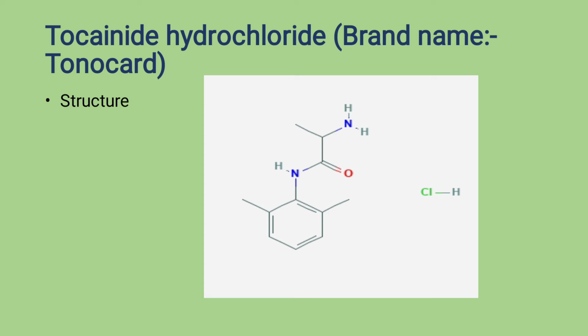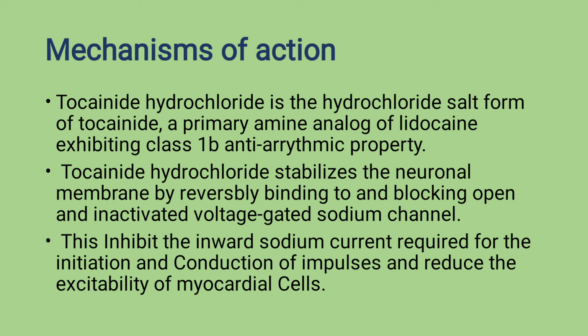Next drug is tocainide hydrochloride, and brand name is Tonocard. Mechanism: tocainide hydrochloride is the hydrochloride salt form of tocainide, a primary amine analog of lidocaine exhibiting class 1b anti-arrhythmic property.